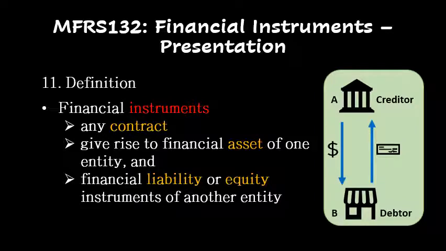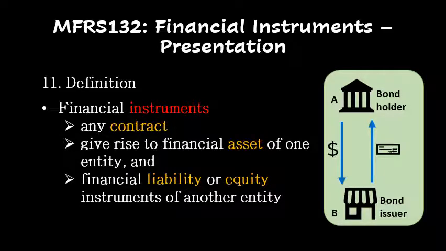What happened here, the contract between A and B has raised an asset to A, a creditor, which is the debtor B, who promised to repay in the future. At the same time, the contract has also raised a liability in B, a debtor, to A, who has transferred to B a certain agreed amount of cash to be repaid later. In between, B perhaps needs to also pay some interest. So A becomes a creditor and B becomes a debtor.